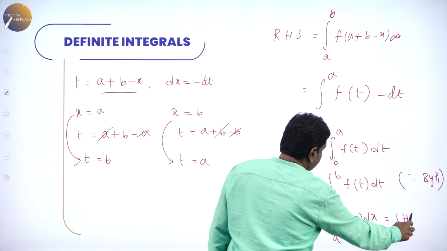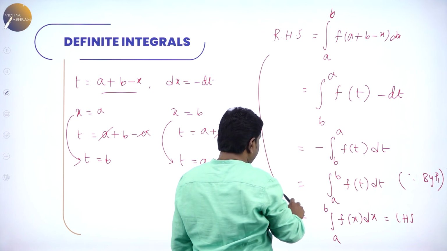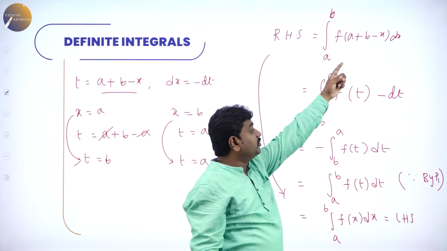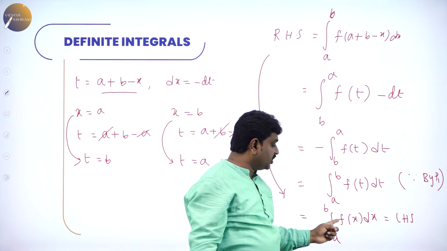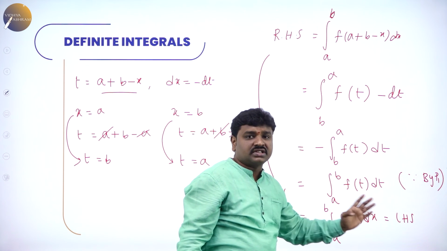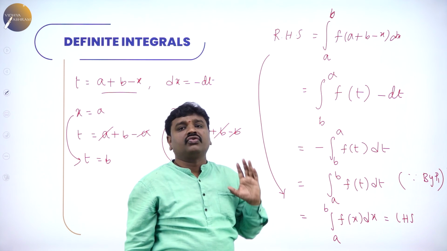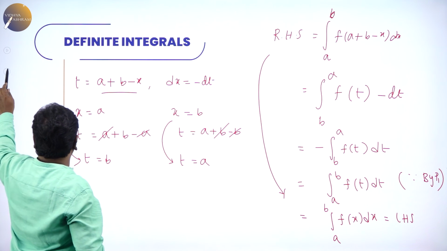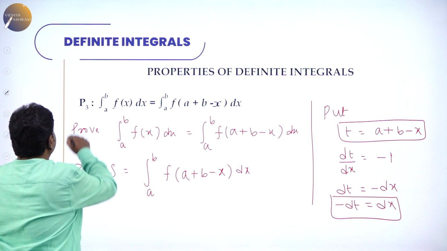LHS. I took RHS and arrived at LHS. Integration a to b f of a plus b minus x dx becomes integration a to b f of x dx. Hence the proof.